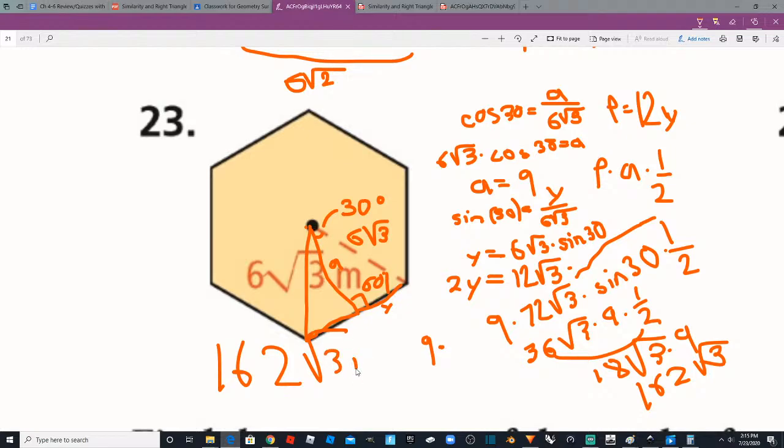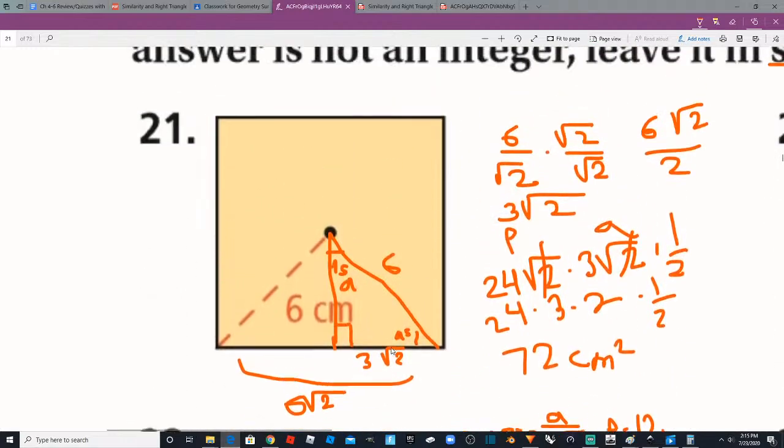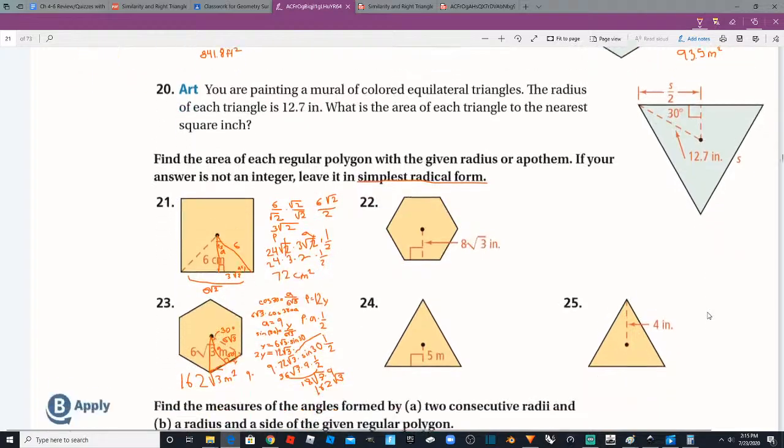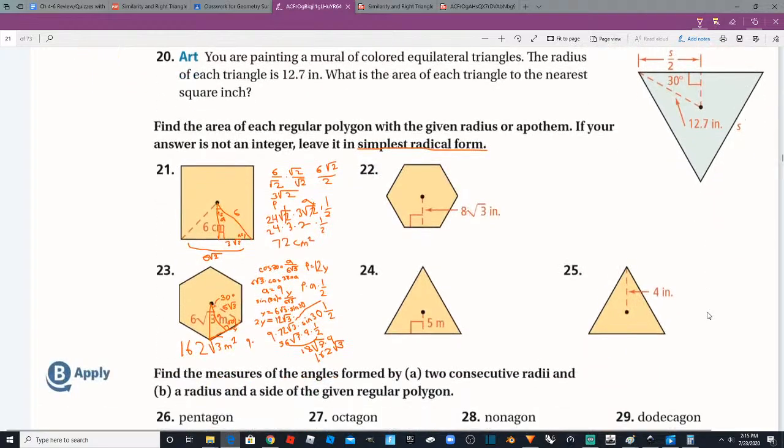Probably all of these problems are either going to be squares, hexagons, or maybe even triangles, because they have special right triangles embedded within them.